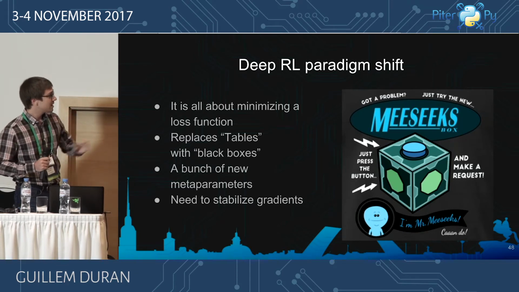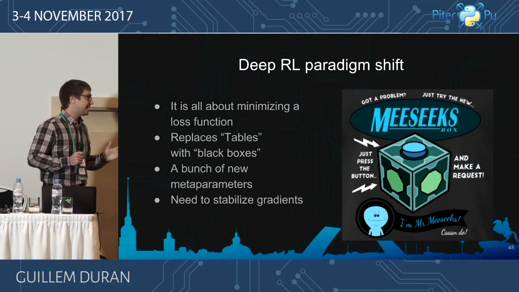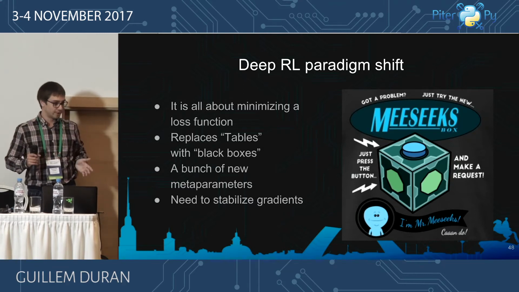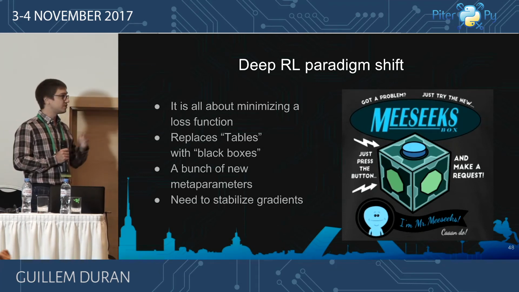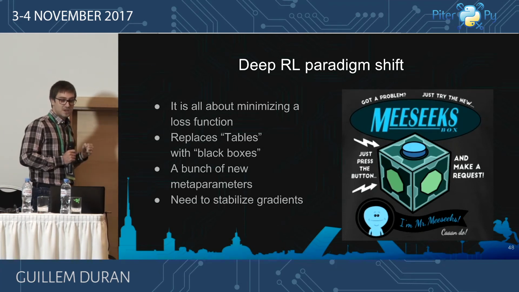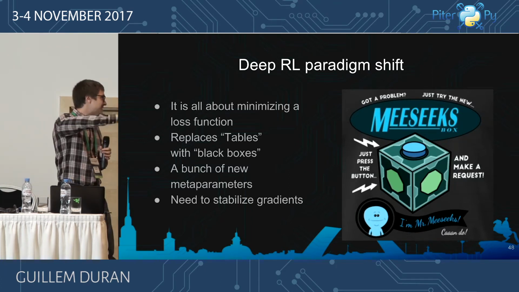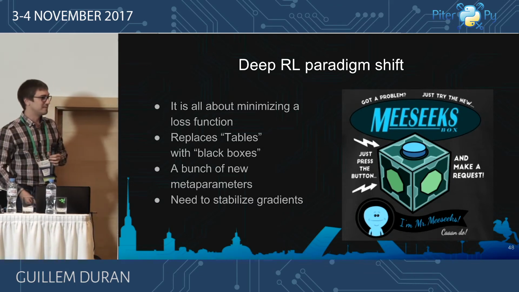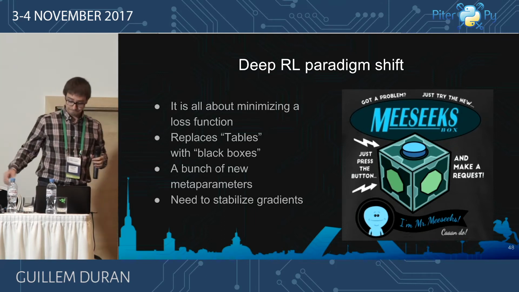Instead of tables, we have a neural net, but we do not have any idea of what's happening inside them or why they even work. So from now on, I will represent them using a Mystics box, which is a super cool device that when you press the button, it summons Mr. Mystics, this kind of blue fella, who will make all your requests come true, and then will disappear.